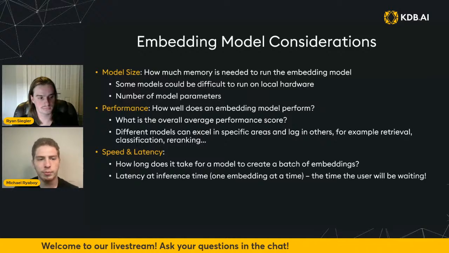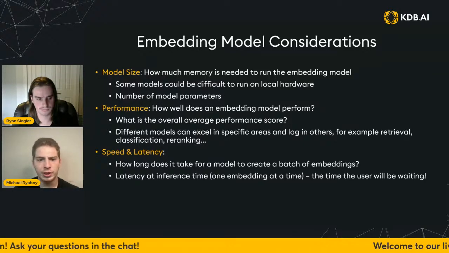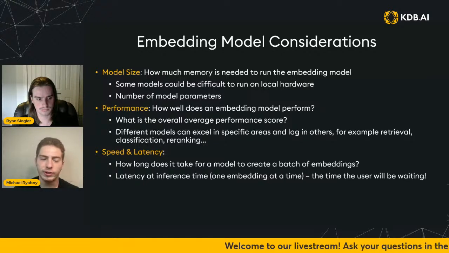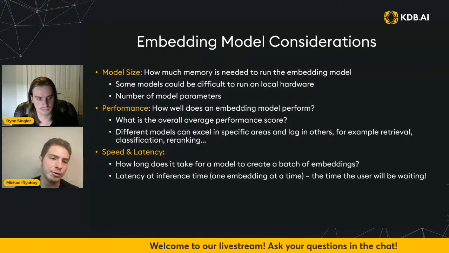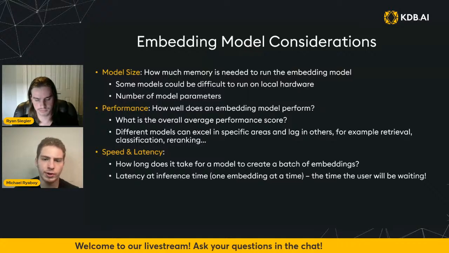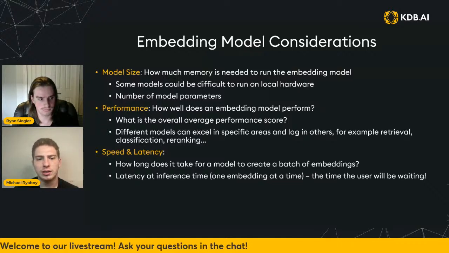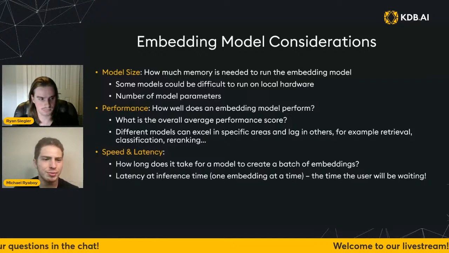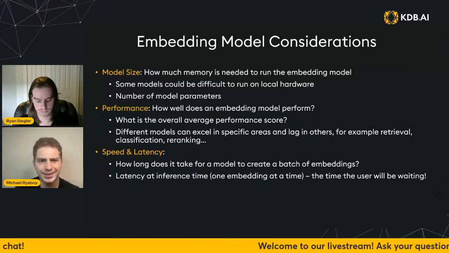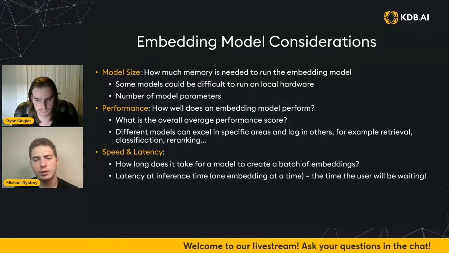So if we think of a RAG pipeline as having three steps, right? We embed our query vector, we fetch from a vector database, and then we get a response from a large language model, right? We don't want the latency to actually create the embedding to be too long because that's just time the user is waiting, right?